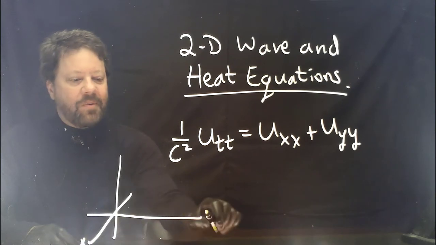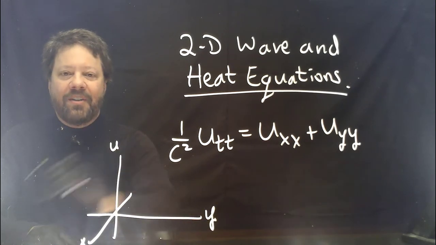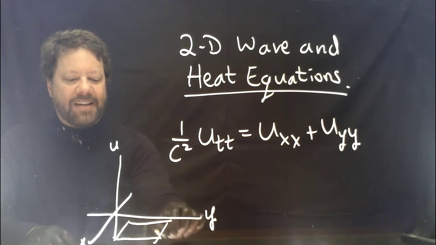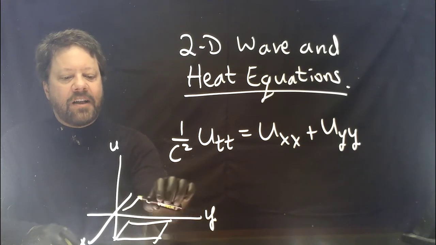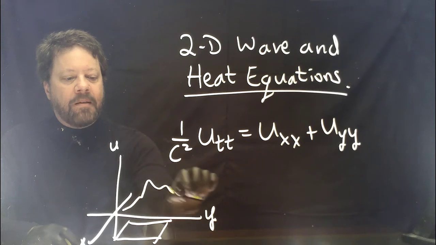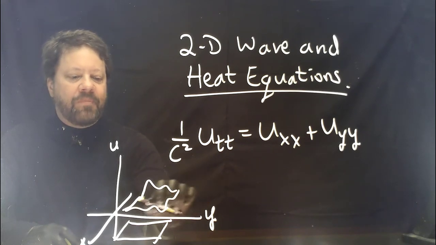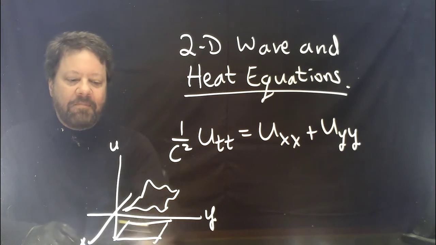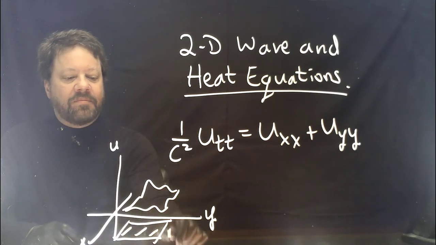If we have x, y, and u coordinates, we'll be working above a little rectangular patch in the xy plane. Undulations of the membrane will be a surface that lies above the rectangular patch.